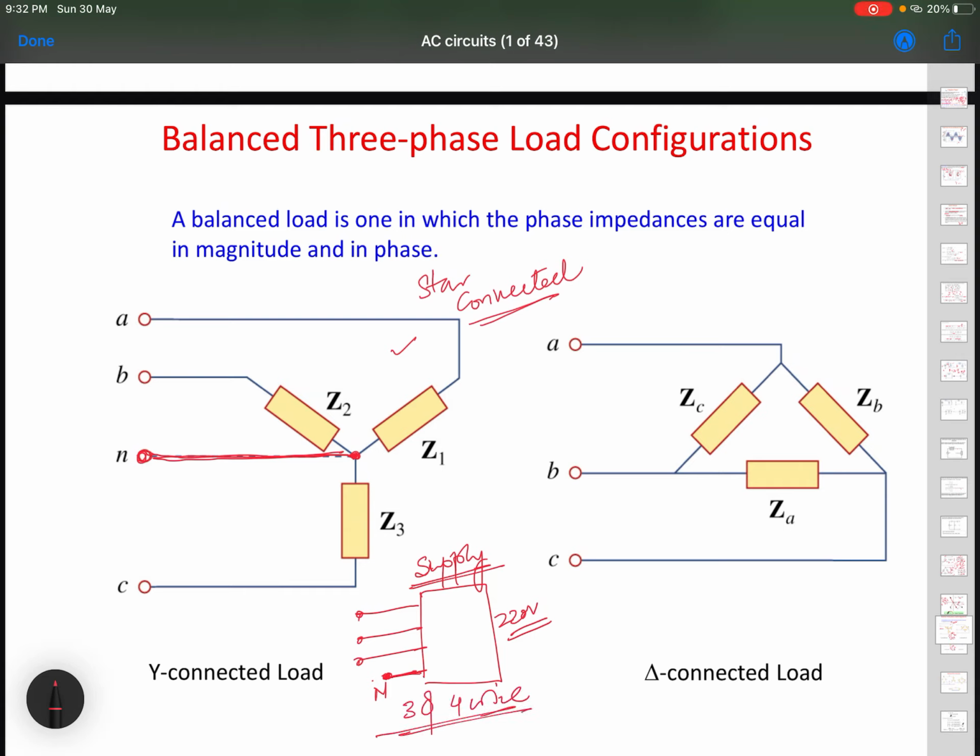So you have the neutral running along with the three lines so that you can tap the power from the neutral. You can actually connect your load from a phase to a neutral, so that is normally for a household kind of load, for using the voltages and currents.